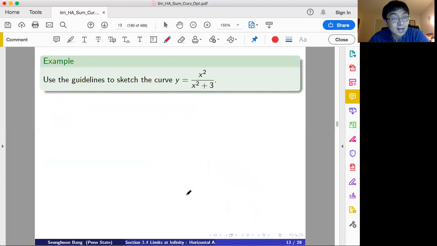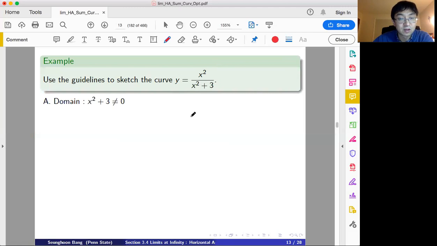Okay. Use the guidelines to sketch the curve y equals x squared over x squared plus 3. So how can you find the domain? What do you think? Yes, all real numbers, because the domain requires the denominator not equal to 0.